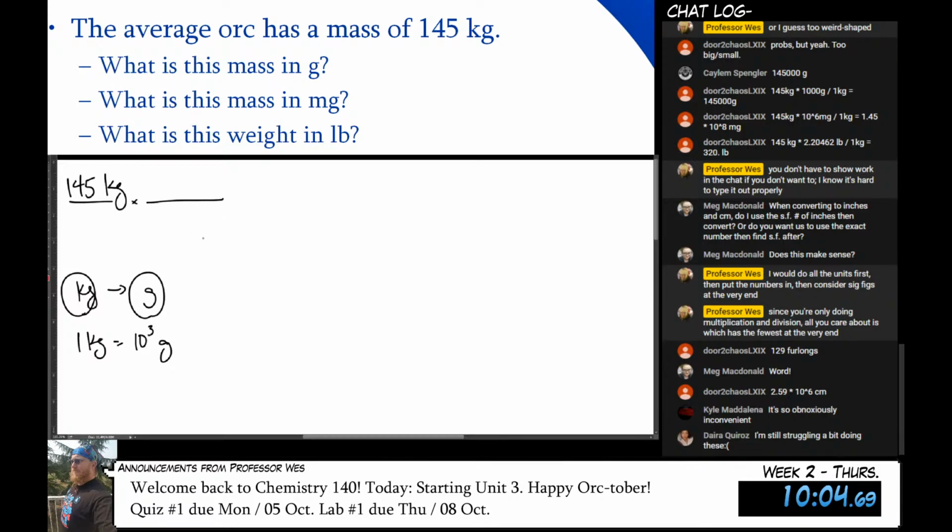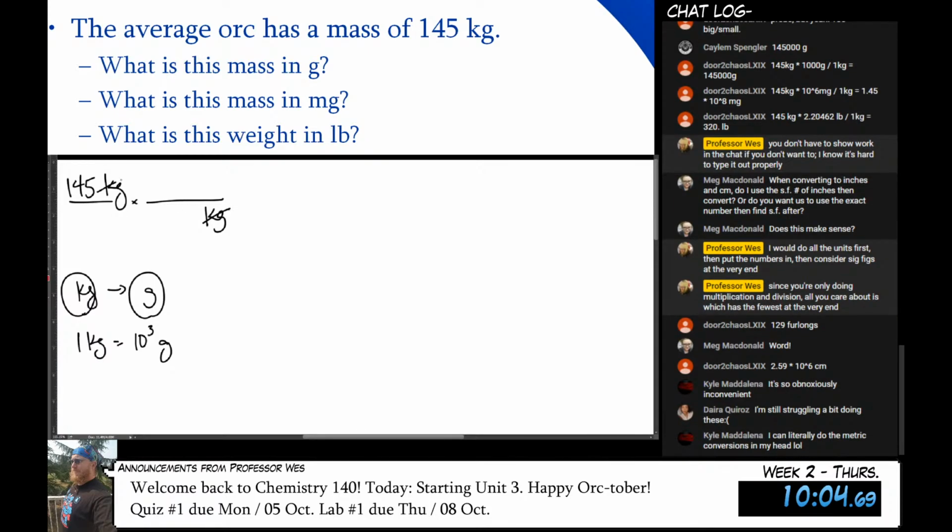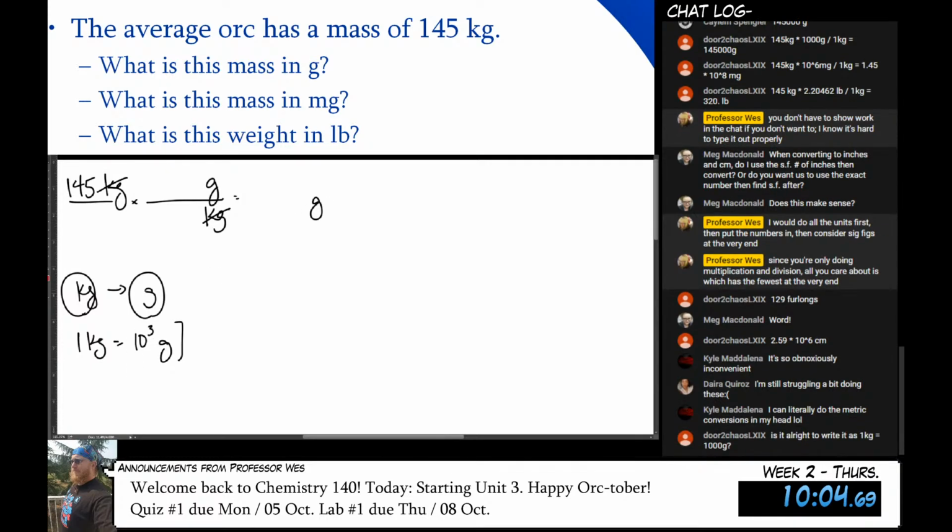So when I do my setup here, I'm going to put the unit down here that will cancel out with this one up here. So that's kilograms. And we'll turn that into grams using this relationship that we wrote down here. And then finally, we'll put in the numbers. 10 to the third grams, and 1 kilogram. You can do 1,000.